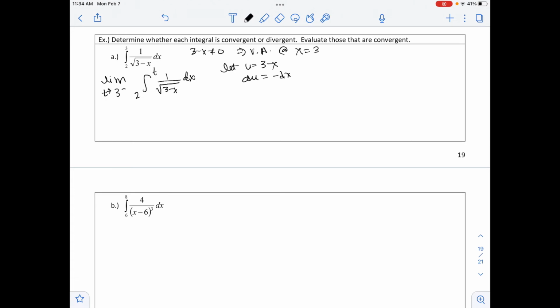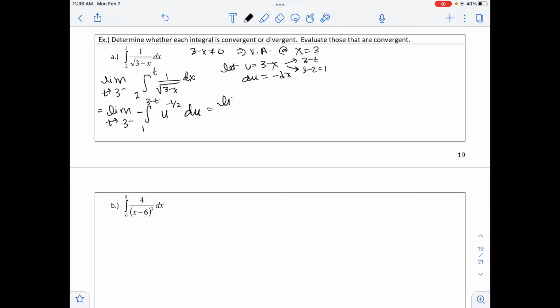And so our limit is now going to become the limit as t approaches 3 from the left of our integral, where our new upper limit is going to be 3 minus t, and our new lower limit is going to be 3 minus 2, or 1. So from 1 to 3 minus t of, and I'm going to rewrite this, 1 over the square root of 3 minus x is the same thing as 3 minus x to the negative 1/2, or u to the negative 1/2 du, and it is negative. I'll put the negative in front of our integral.